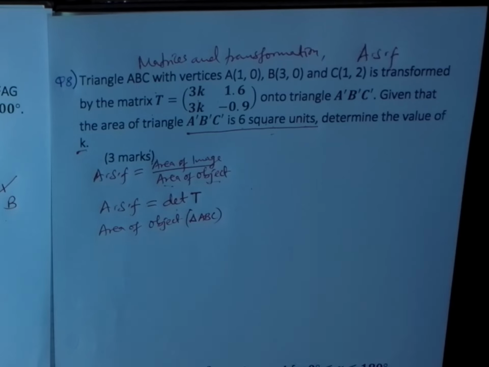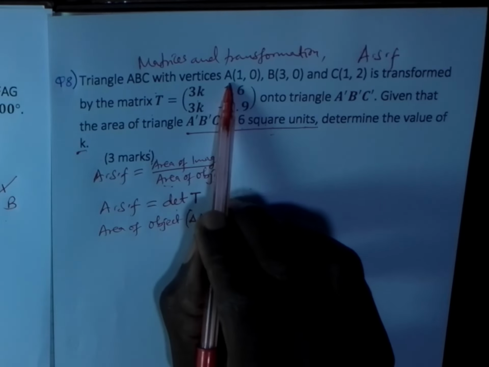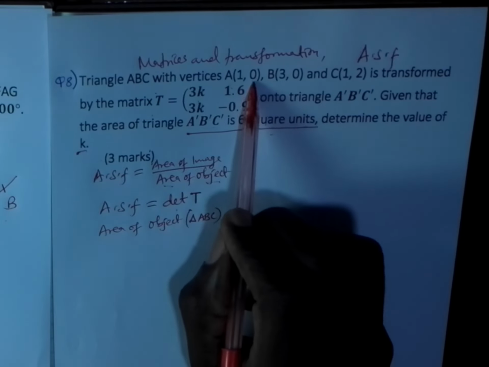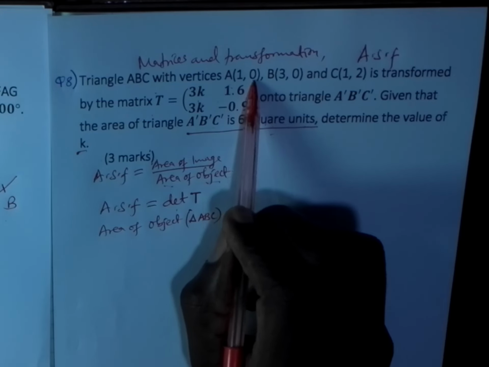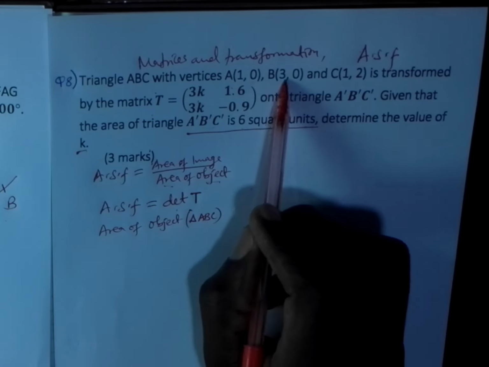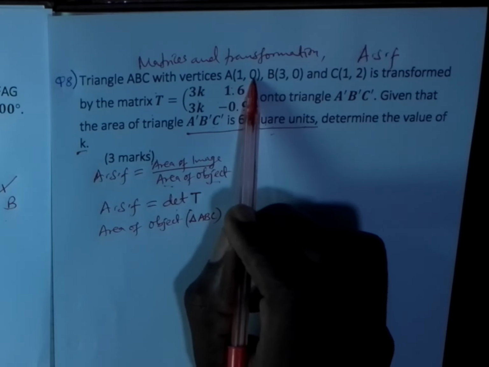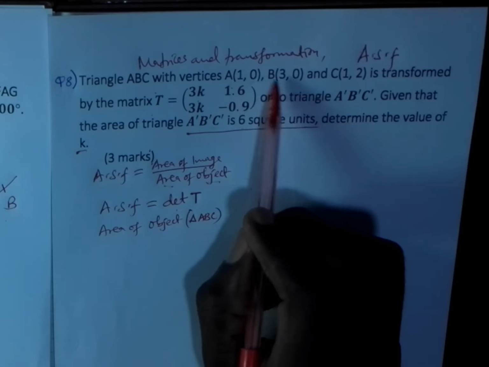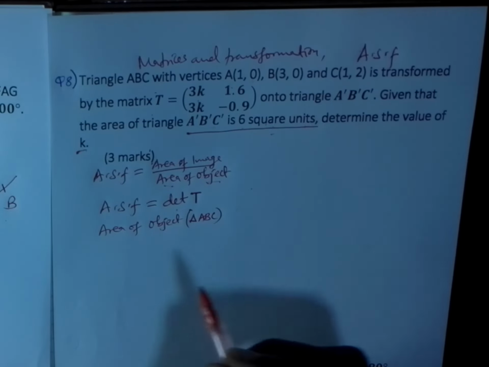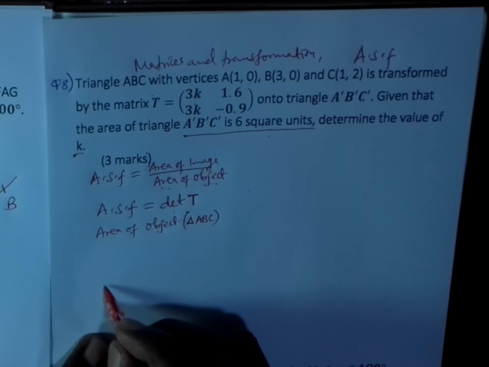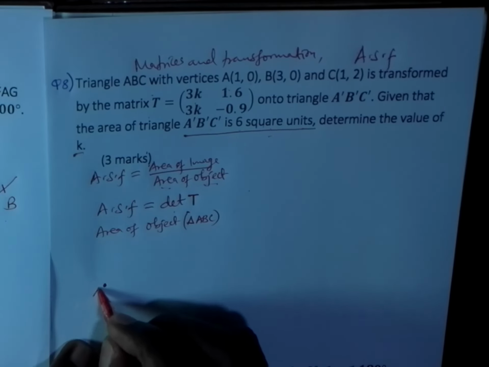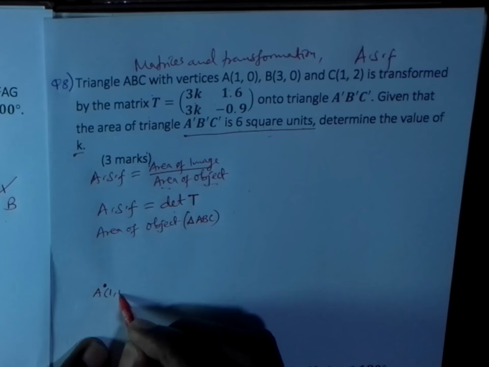And that is triangle ABC. We can see points A and B are on the same line, the y coordinates are the same. Therefore we have point A, which is (1, 0).